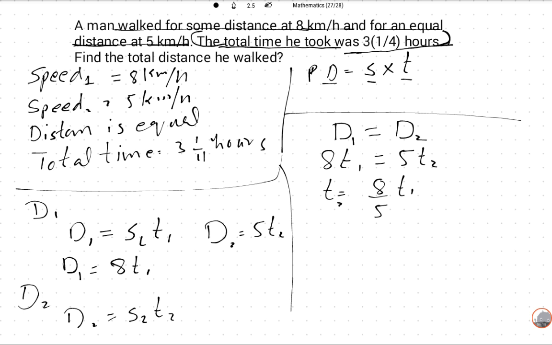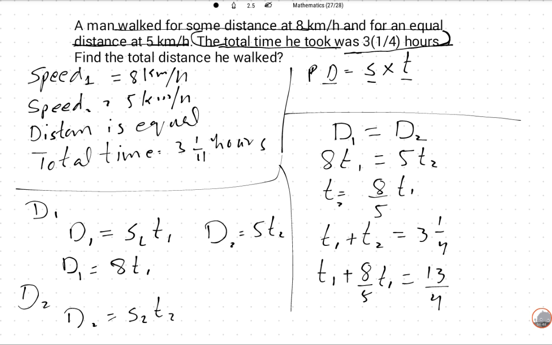Okay, so what is the total time? t1 plus t2 is equal to 3 and 1 upon 4. So t1 plus 8 upon 5 t1 is equal to 13 upon 4.